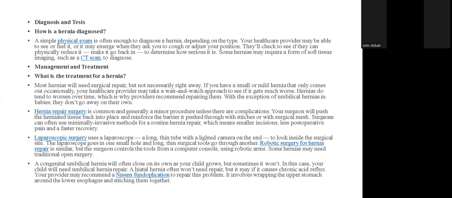Something has gone wrong. If the integrity of the cell is intact, the tissues will not be weakened. And then if the tissues are not weakened, there won't be a protrusion of any kind. And if there's no protrusion of any kind, there's no hernia.